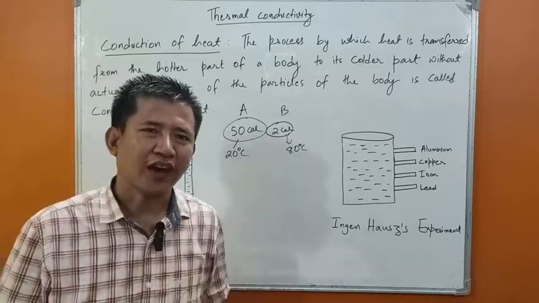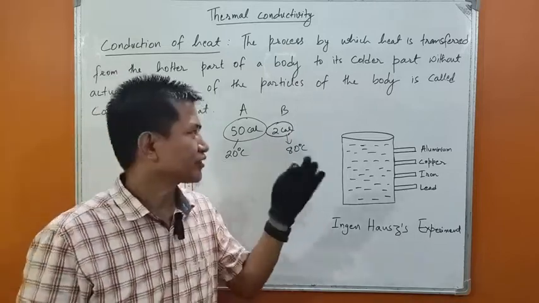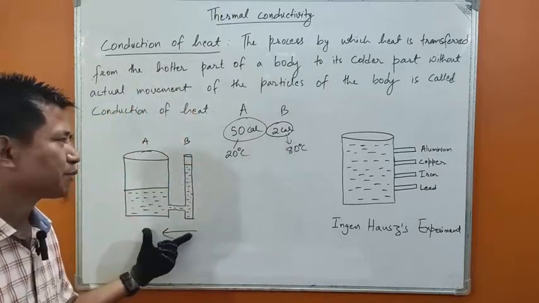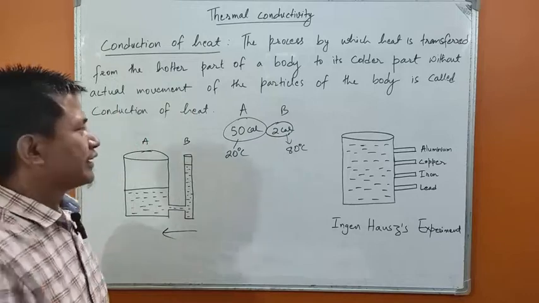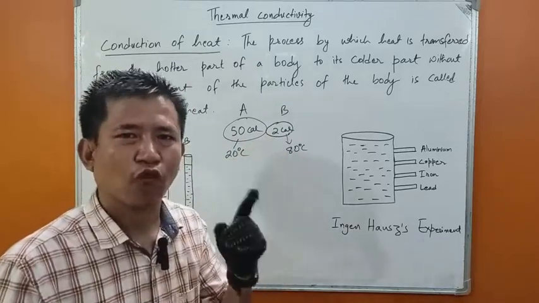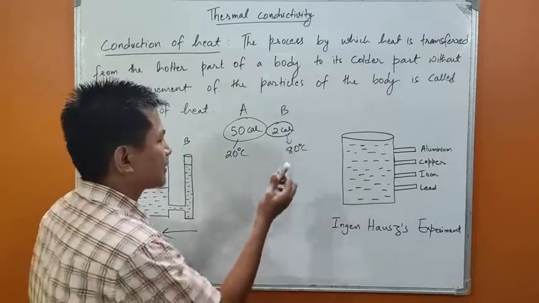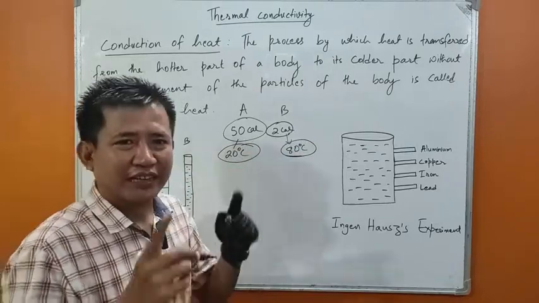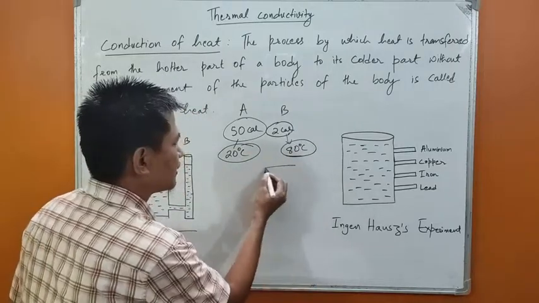Now, if we are asked to guess the direction of flow of heat, then we can simply apply this principle here also. It is not the quantity of heat that determines the direction of flow of heat. It is the temperature that determines the flow of heat.